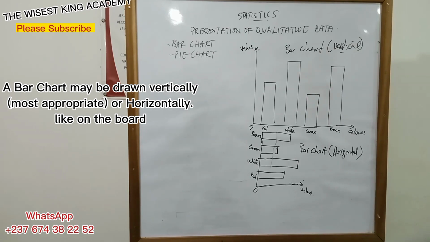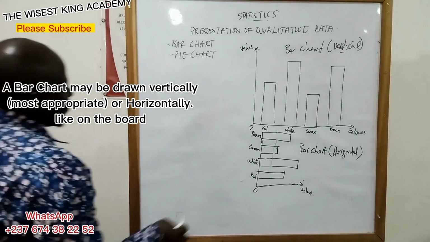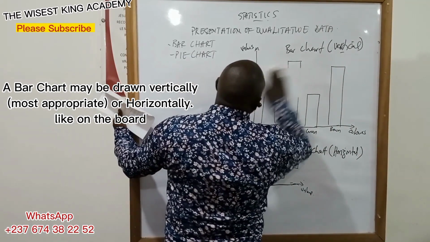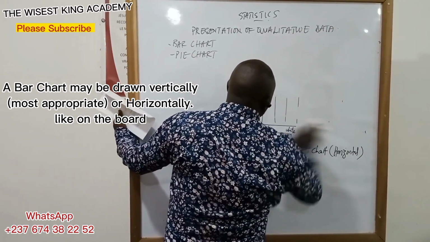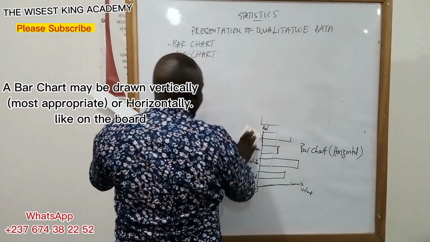Now, let's see what a pie chart is. A pie chart is also called a circular diagram.